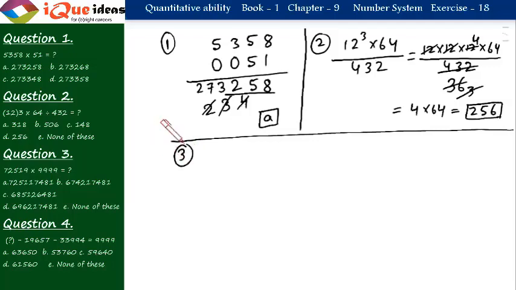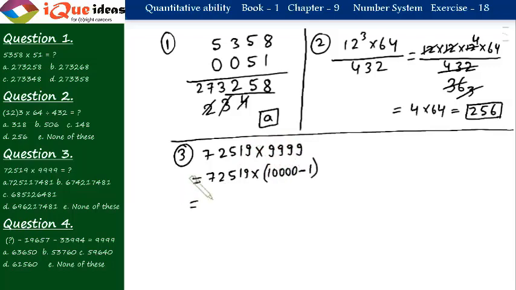A third question is very interesting. It is 72519 into 9999. Now one way of doing this question is the column method, and because this is a specific number 9999, we will not use column method, we will use something else. Let's see. 9999 can be written as 10,000 minus 1.